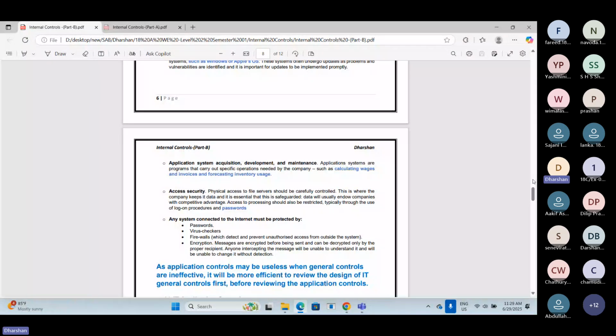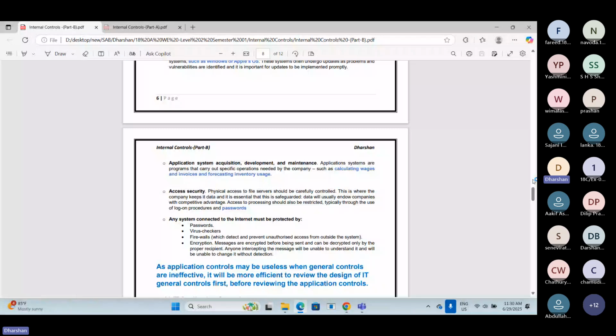Any system connected to the internet must be protected by passwords, virus checkers, firewalls, and encryption. So all these controls are applicable to the entire process of the organization, not only to specific processes. Keep that in your mind, that is the most important thing.